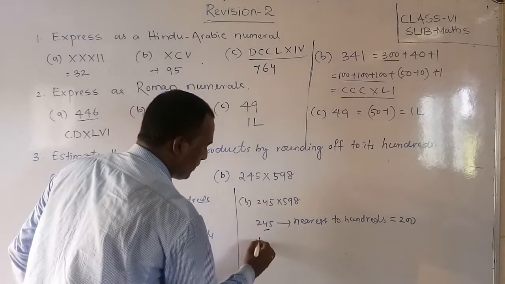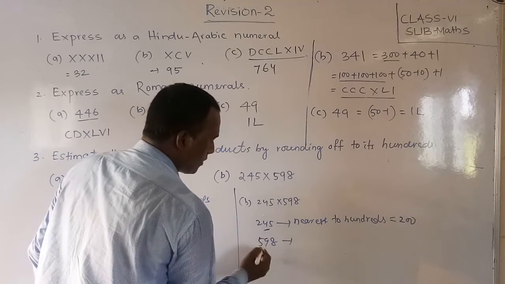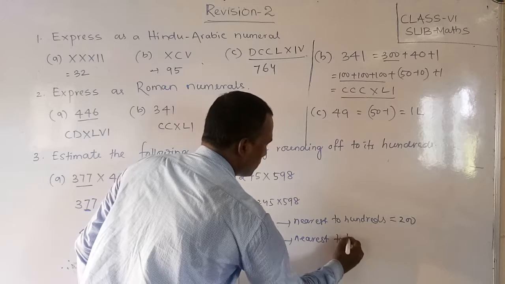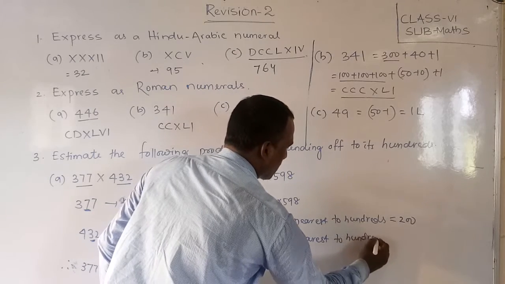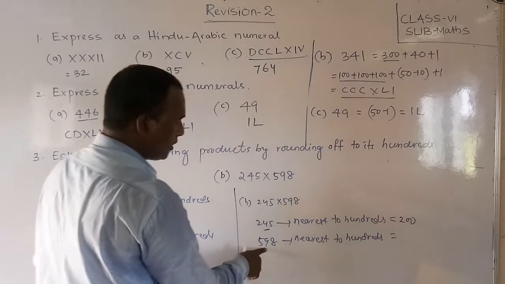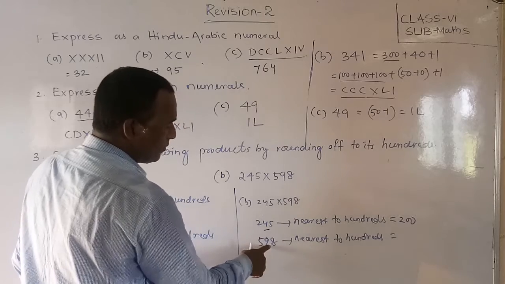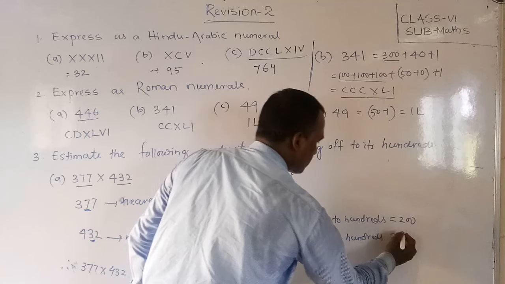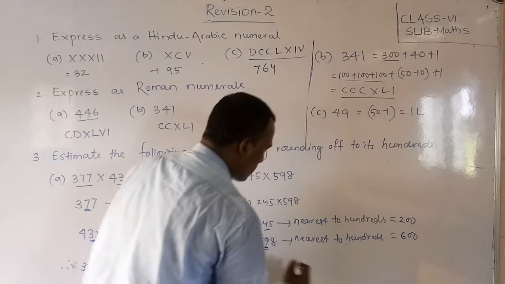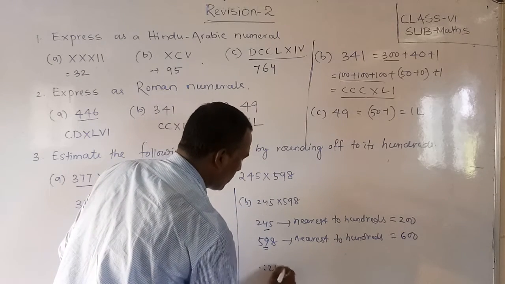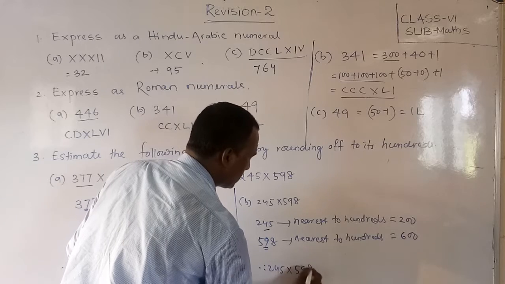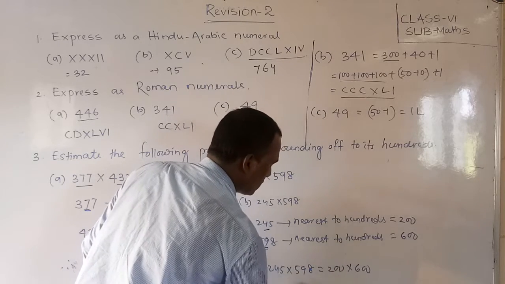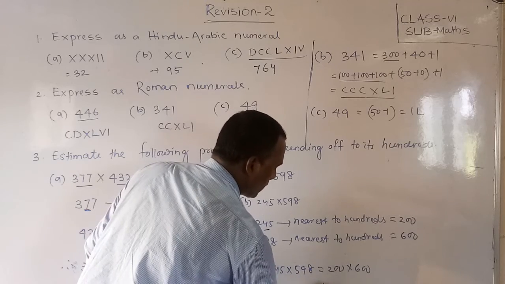Same like 598 nearest to hundreds: observe here, this is 9. So 9 means it is more than 5, so the hundreds place will change. So 6 and double 0. Now we can do the multiplication. 245 into 598 is equal to 200 into 600, is equal to 12 and 4 zeros.